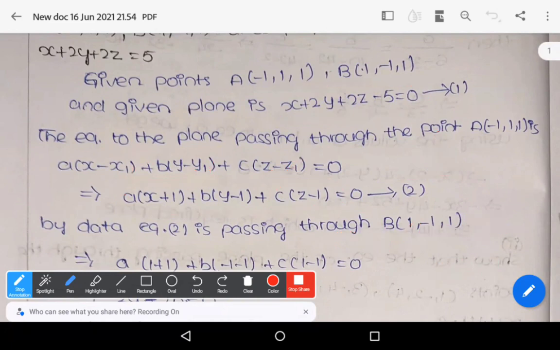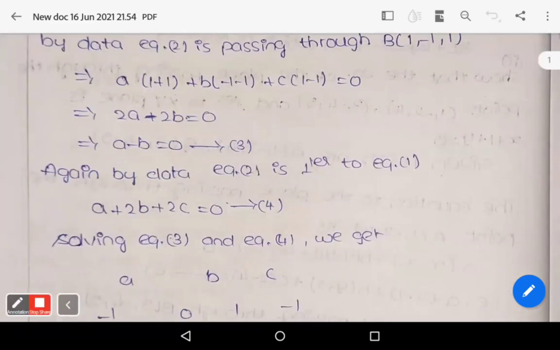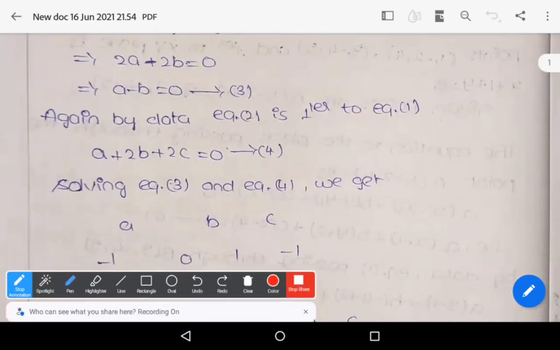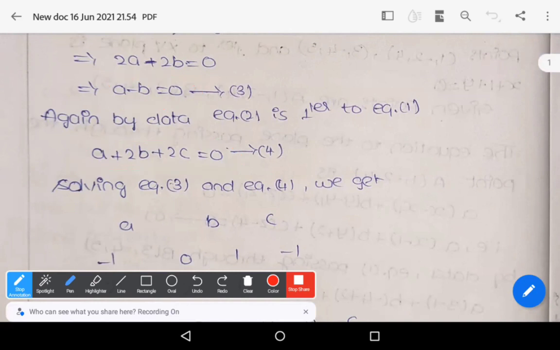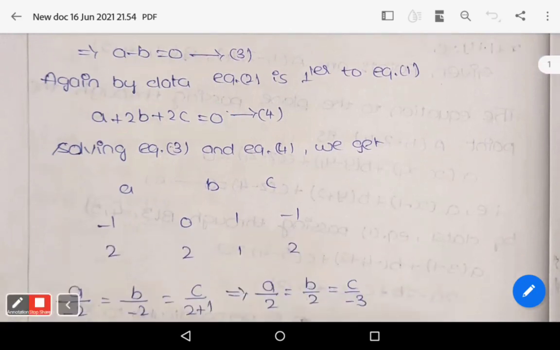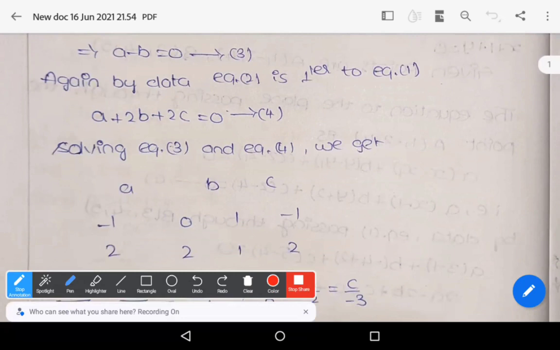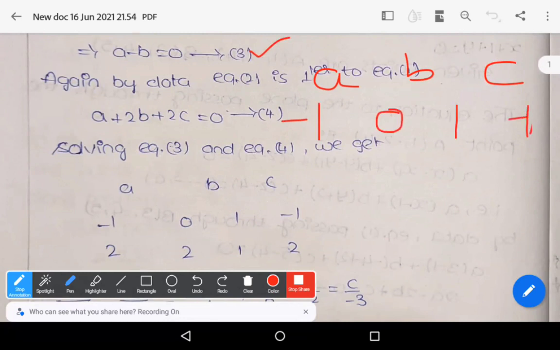That's it, the perpendicularity condition. Now we have two equations: a - b = 0, which is equation 3, and a + 2b + 2c = 0, equation 4. Solving equations 3 and 4, I think you already know this method. Write a, b, c, starting with the b coefficient. From equation 3: -1, 0, 1, -1.